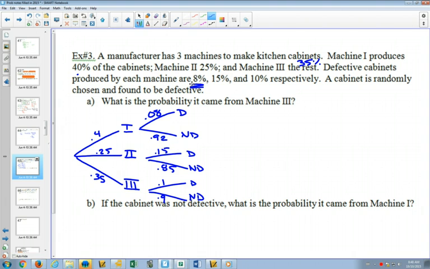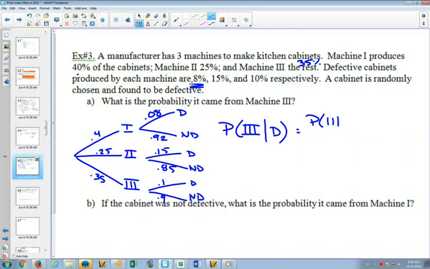So we know that it's defective, and that's going to reduce our sample space, but we don't know how many cabinets were produced, so we don't know how many it's been reduced to. But we can still figure these things out via our formula. We want to figure out the probability of machine 3 given that it was a defective one.